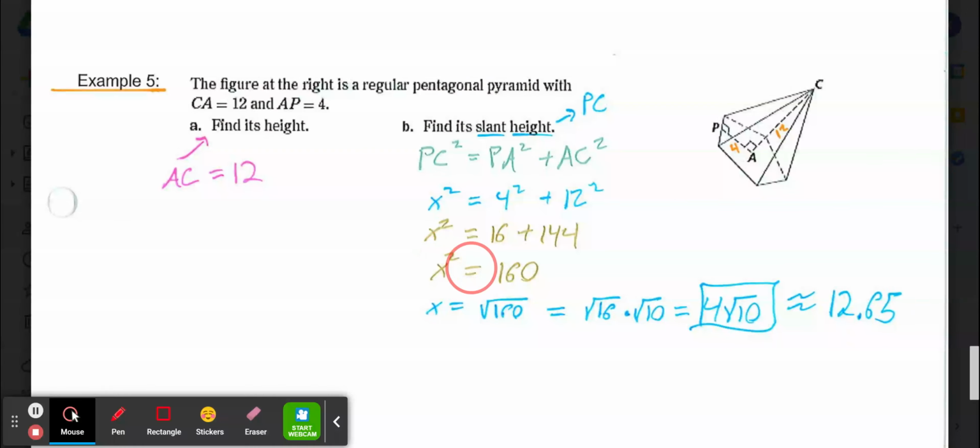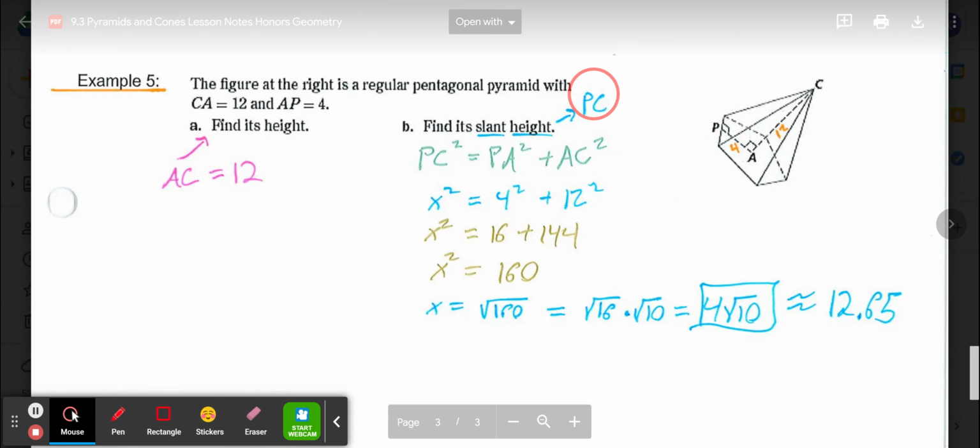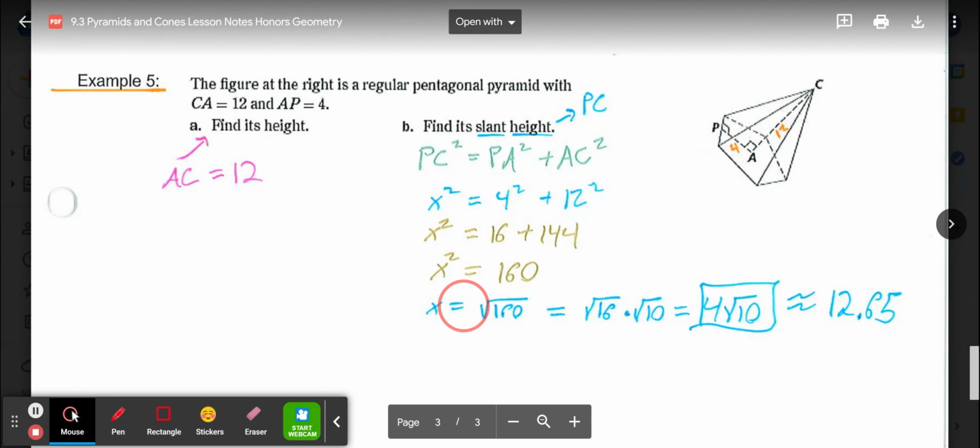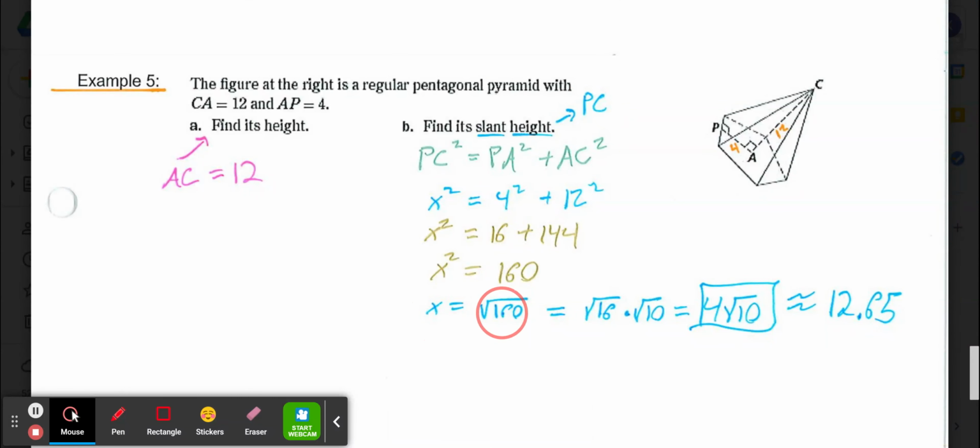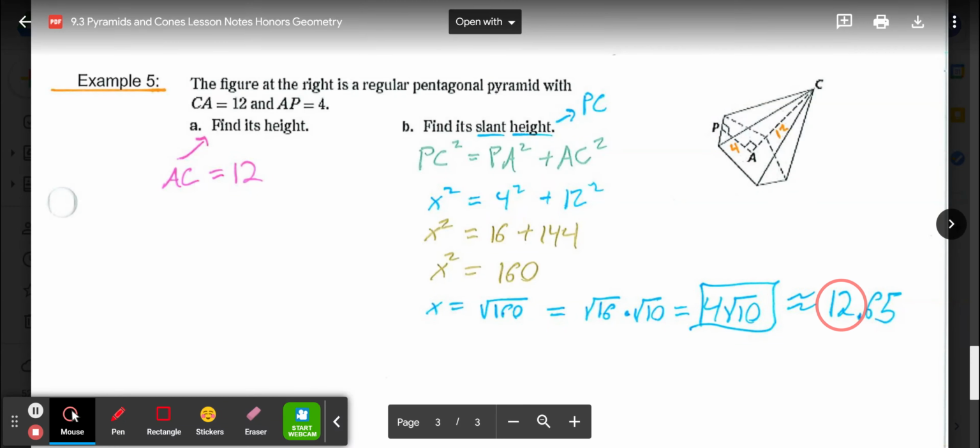So x squared would equal 160, meaning that distance for PC, which is also x, is the square root of 160, which can be simplified to the square root of 16 times square root of 10, which is 4 square roots of 10, or approximately 12.65 units.